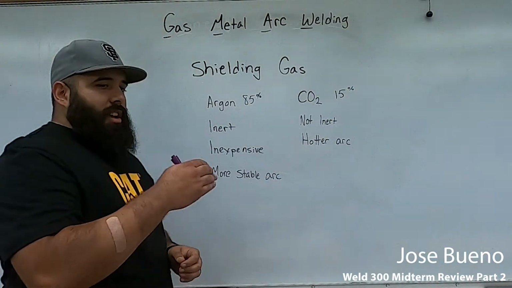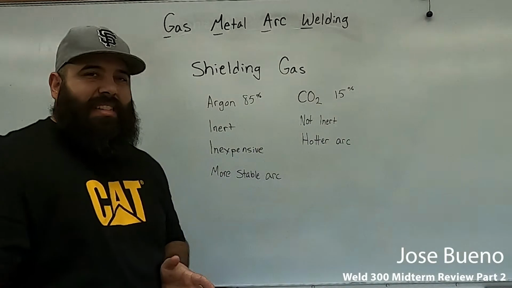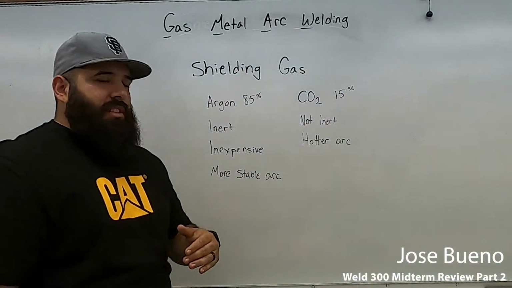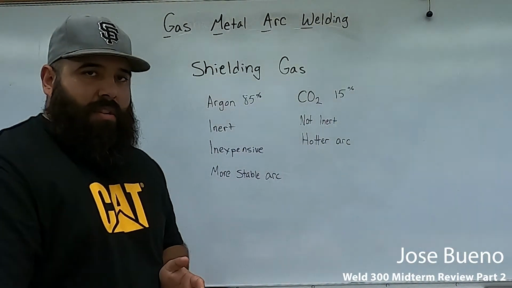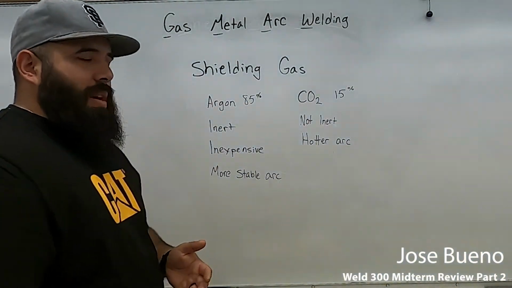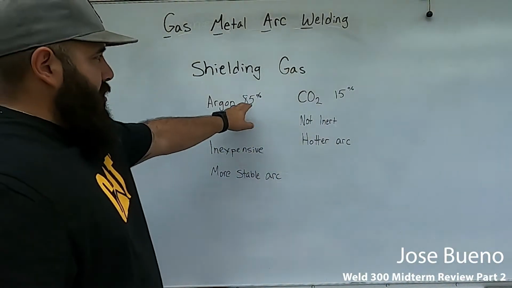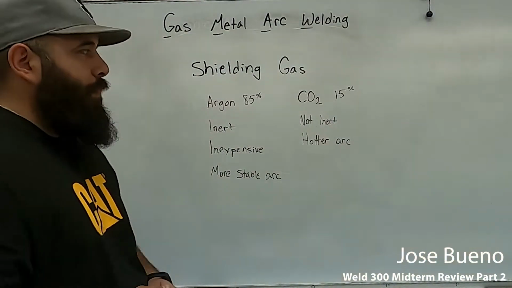That way achieving spray mode is easier. So you need more argon in order to successfully get past globular and into spray mode. So that's why we don't have any 75-25 mixes. We just use 85-15 just to keep it plain and simple.